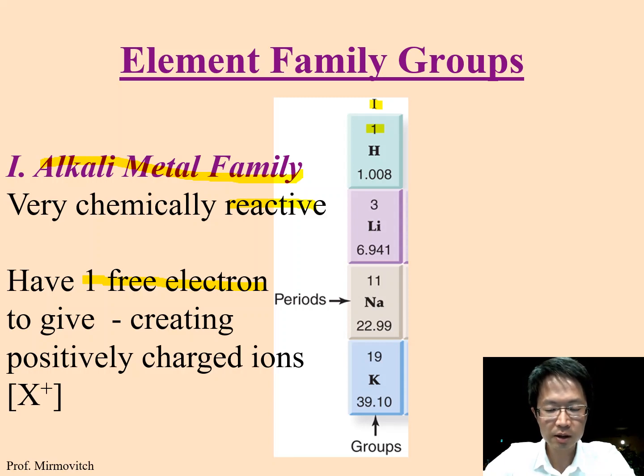Hydrogen has 1 free electron on the first orbit. Lithium has 1 free electron in the second orbit.